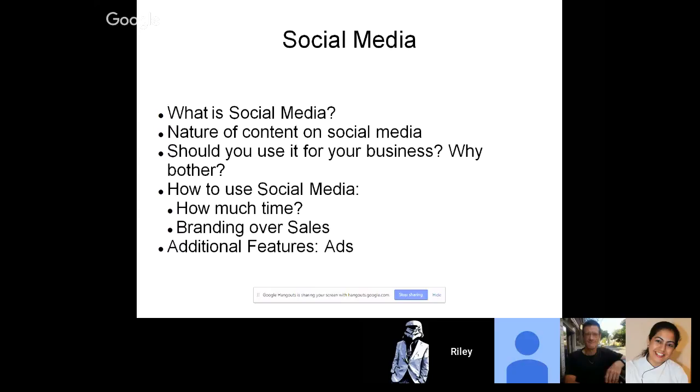We've all seen the social media snafus over the years of a brand tweeting the wrong thing and stuff like that. That's obviously not a great way of using it. You want to be a good internet citizen when you use it, and you want your brand to look good, because basically the whole point of this is more branding than it is direct sales.